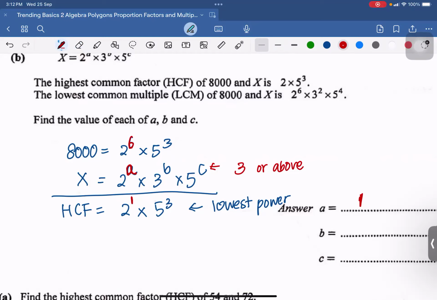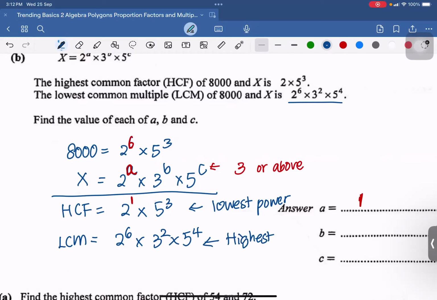Okay, then let's check. The next part of the question says the lowest common multiple. Lowest common multiple, 2 to the power 6, 3 squared, 5 to the power 4. When we choose lowest common multiple, what kind of power do we choose? Highest. Yes, we choose the highest.